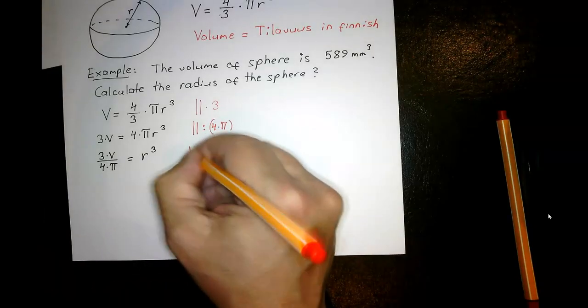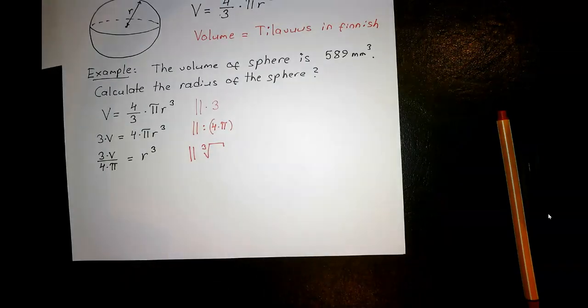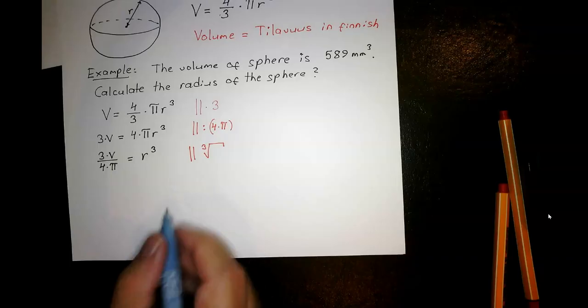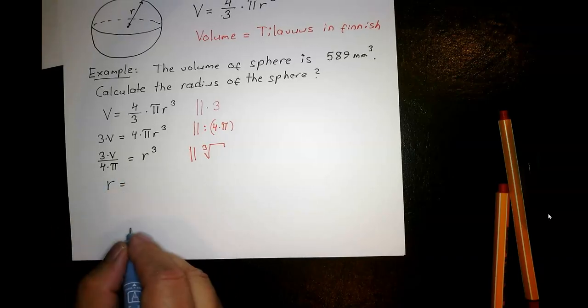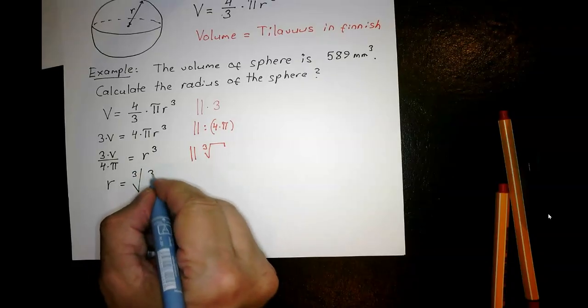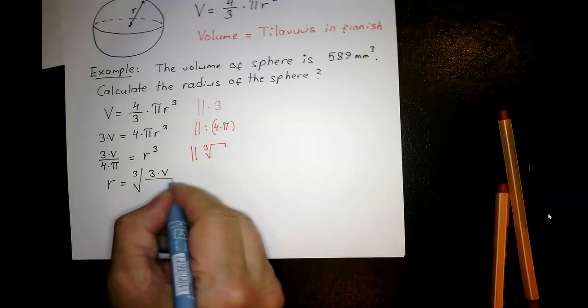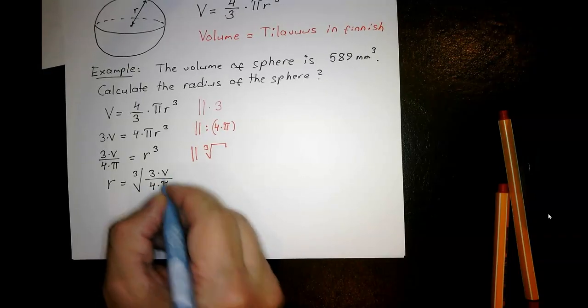So we get the value of r, or the radius, by taking cubic root of the left hand side. I will write it in the correct order so that the unknown is on the left hand side.